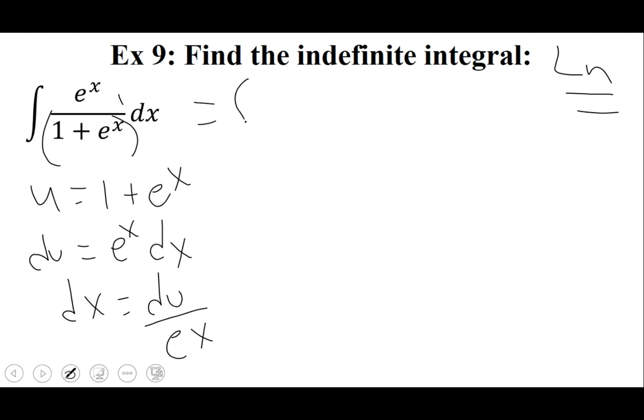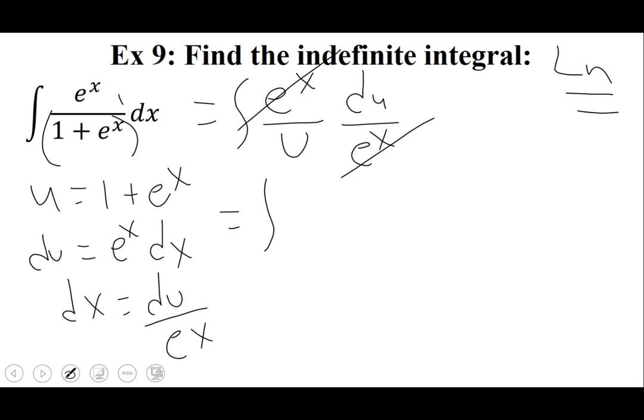So take a look here what happens when we rewrite. So we have e to the x on top that was originally there. Then on the bottom, we have u. Dx is equal to du over e to the x. And because the e to the x is canceled, this actually becomes the integration of 1 over u du. And that is what we spent all our time in section 5.2 on. So again, go back to your green sheet.